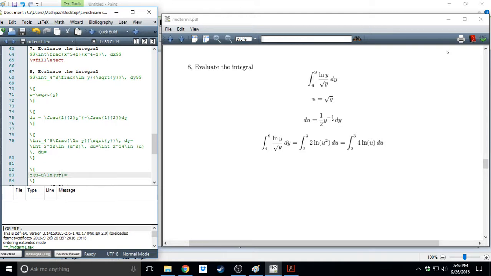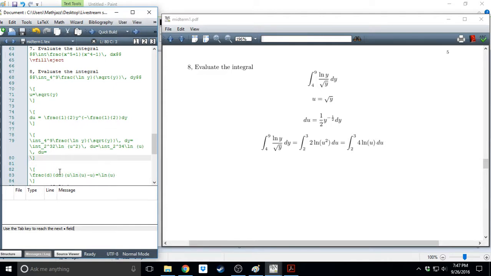We get one minus ln of u minus 1. And that's the incorrect sign, so let's switch that. u ln of u minus u. That'll flip these signs. That looks correct.